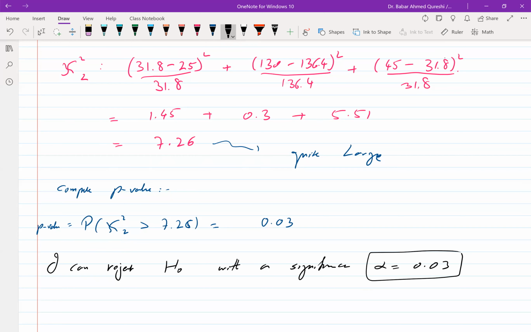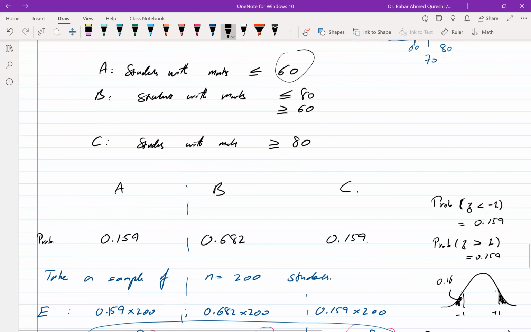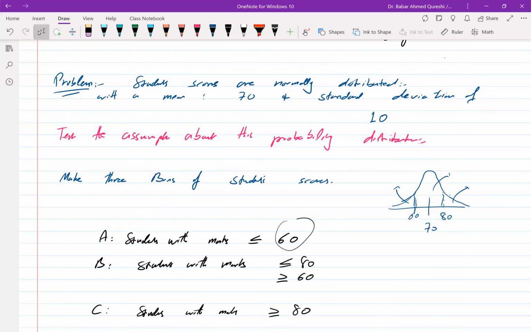So there's strong evidence that this starting assumption about this particular normal distribution is probably not true.